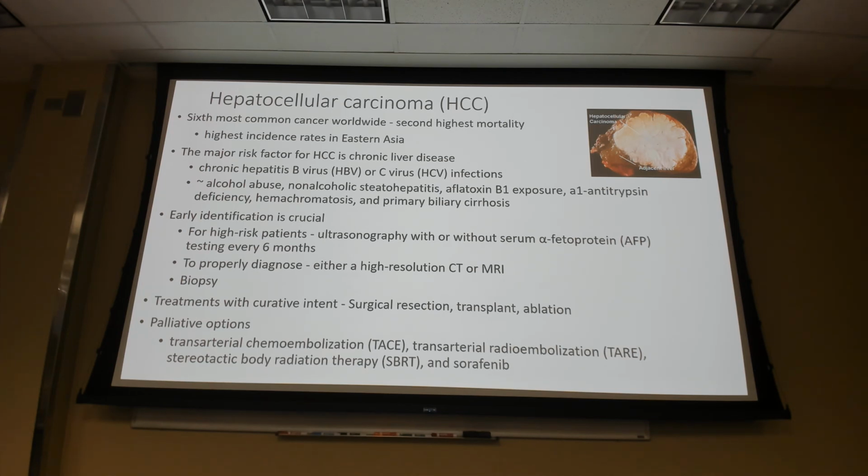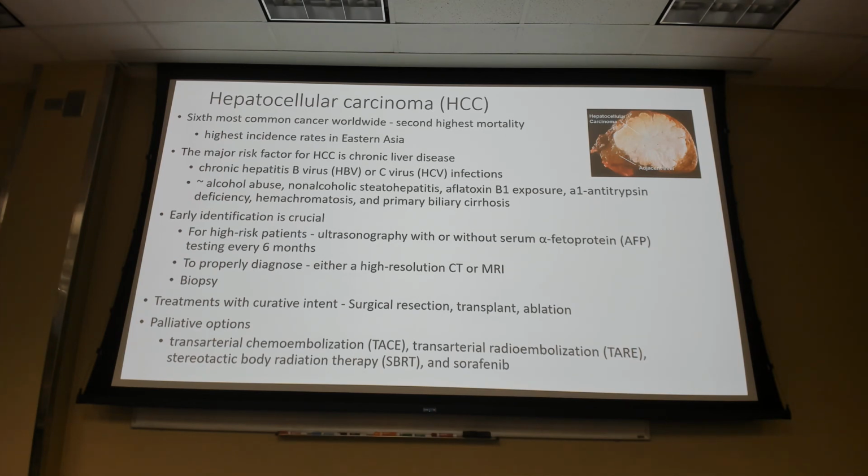You see it more frequently overseas, but it can also be associated with alcohol abuse and non-alcoholic steatohepatitis. You've got aflatoxin, which is a fungal metabolite you'll sometimes see in more third world countries where they don't have all the regulations on food.